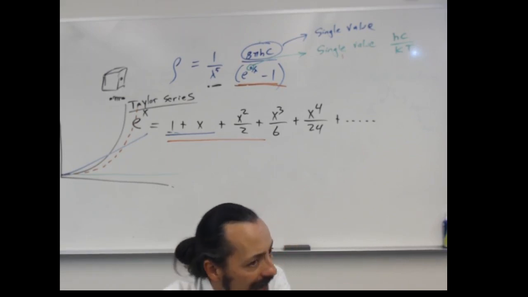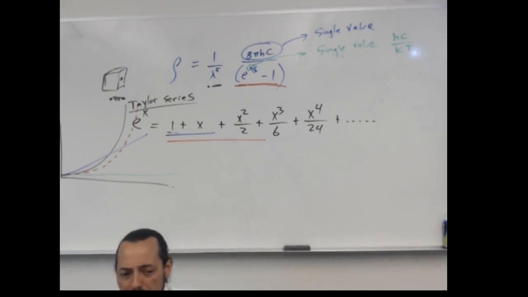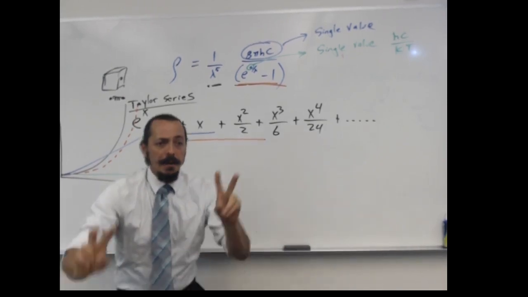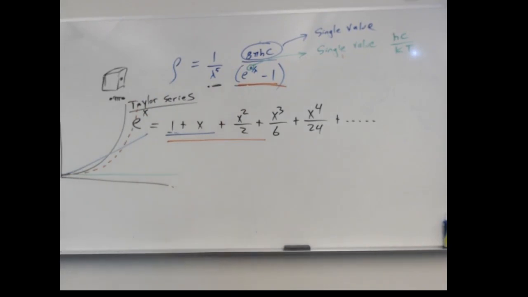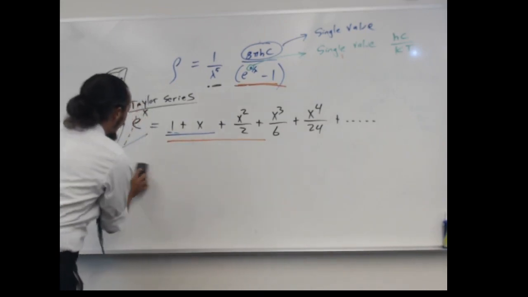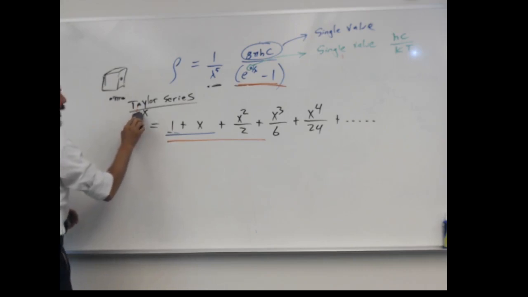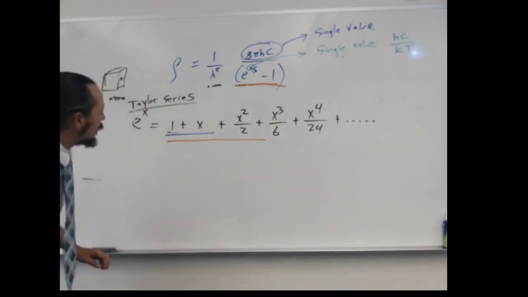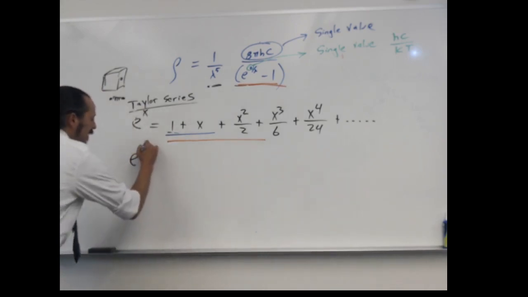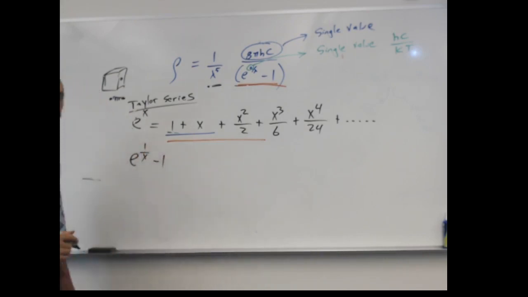Now, the catch with Taylor series expansions, where they become like magical to me, is that there are certain cases where they work really well. One of those cases is not e to the x, but the one we're seeing repeatedly in this chapter, which is e to the 1 over x, minus 1.